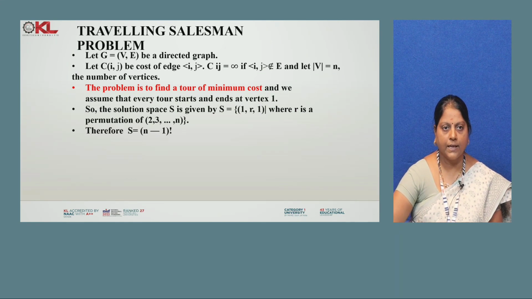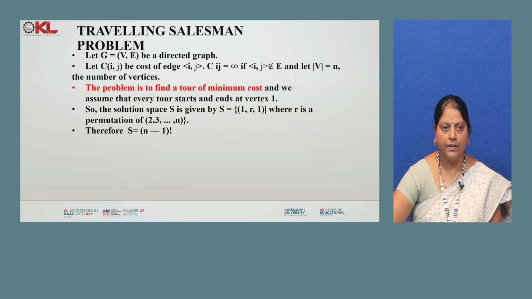What is the traveling salesman problem? The traveling salesman initially starts at a source vertex, and visits all other vertices with minimum cost and returns to the source vertex. That is the given traveling salesman problem. The problem can be represented by using a graph.